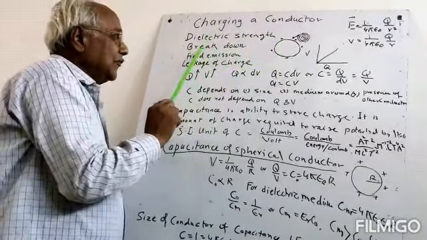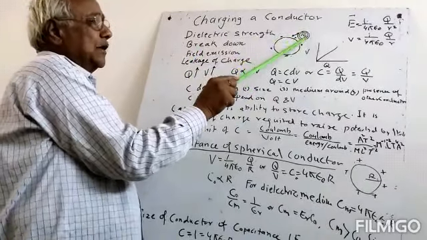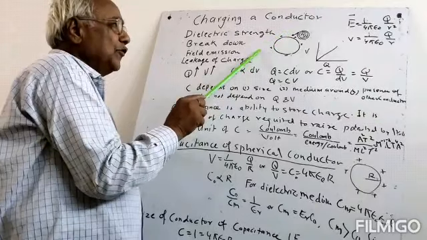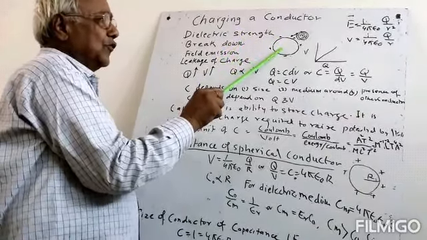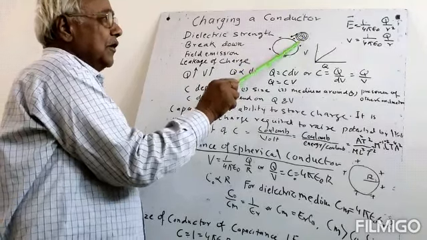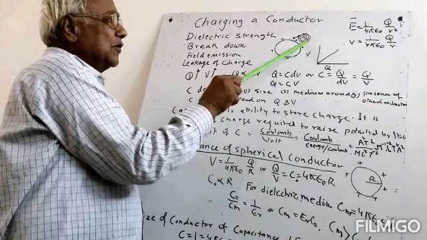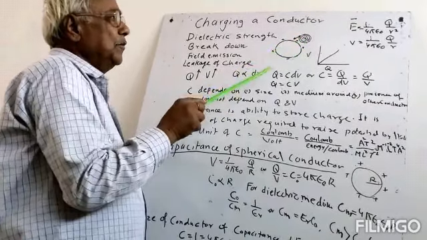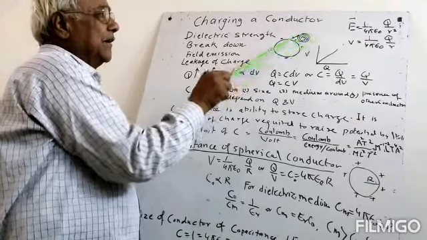Then the force on the electron will be equal to small e into capital E, and this force will exceed the electrostatic force of this electron with the nucleus. Then what will happen? This electron will be pulled out from the atom and it will ionize.